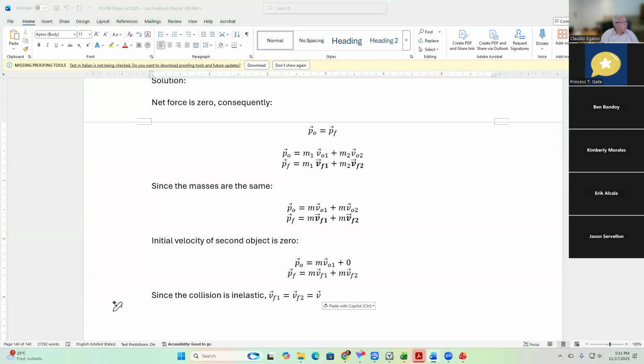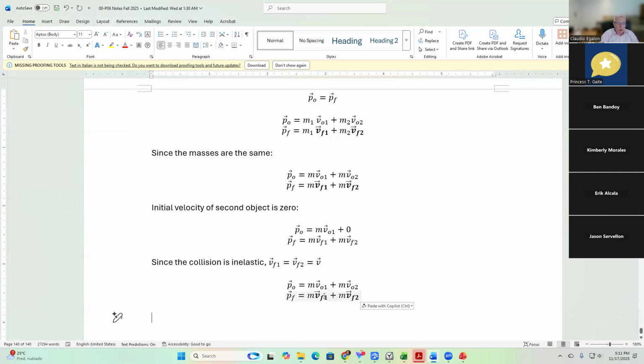And now our equations become even more simplified. Instead of having 2 unknowns, now we have just 1 unknown. Final velocity of 1 becomes final velocity. Final velocity of 2 becomes final velocity.